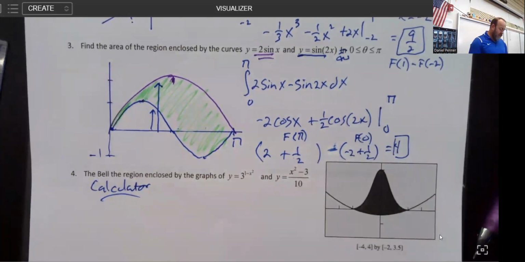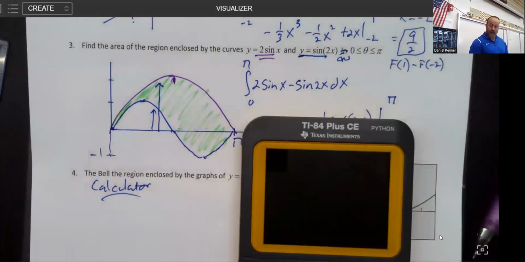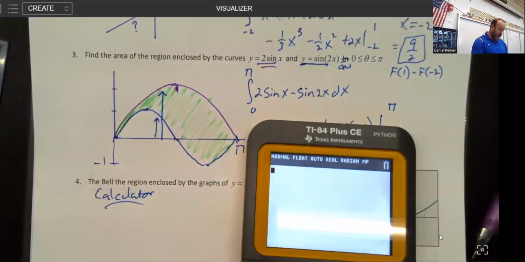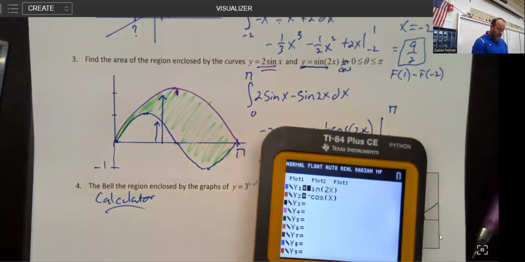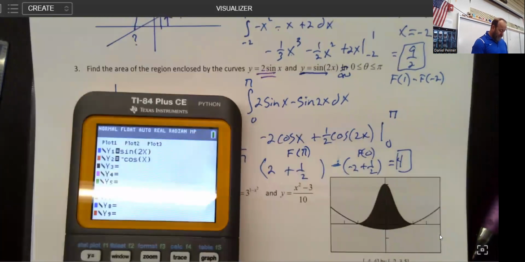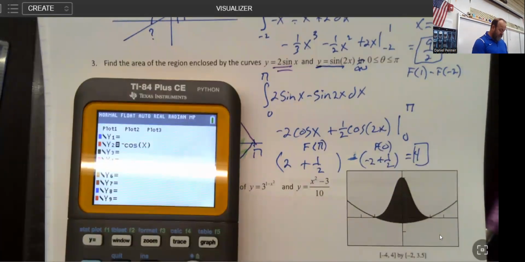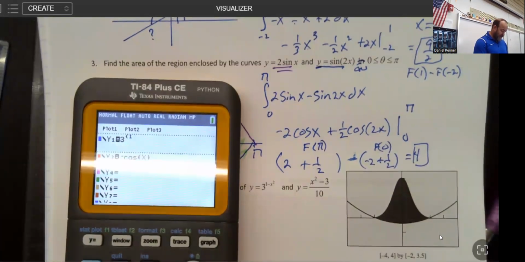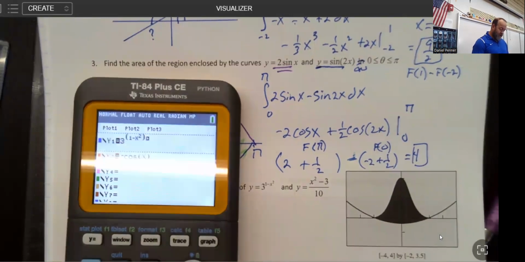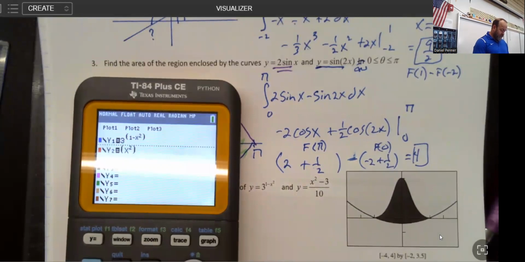So what we're going to do in here is take a look at the two curves. The first one being 3 raised to the 1 minus x squared. The second curve being x squared minus 3 over 10.